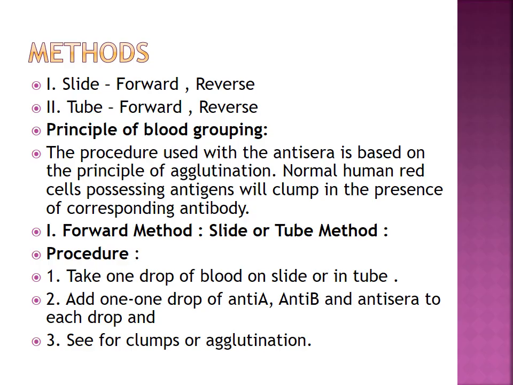Now in short, the principle of blood grouping is that when antigen and antisera are mixed together, they form agglutination or clumps, and then we can decide the blood group. In short, the forward method can be done on slide or tube method. You take 1 drop of blood and 1 drop of known antisera, that is anti-A, anti-B, add these two, wait for 2 minutes and look for the clumps.